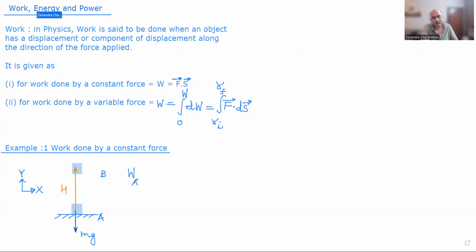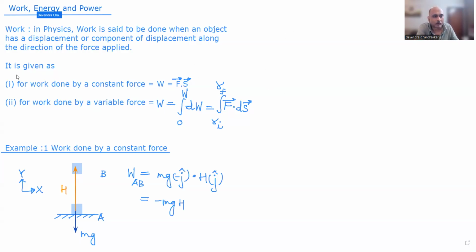So to find work done by mg from A to B, what is it? mg minus j cap dot h plus j cap. This is minus mgh. I hope all of you understood this. Yes or no? Yes, sir.